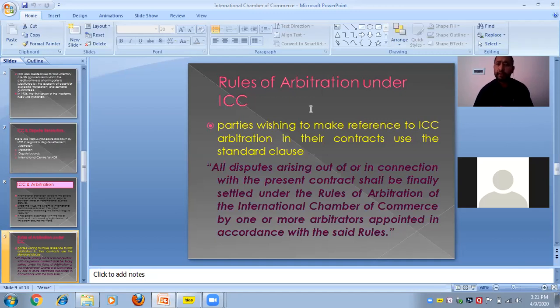Parties wishing to make reference to ICC arbitration in their contract use the standard clause. What is the standard clause? All disputes arising out of or in connection with the present contract shall be finally settled under the rules of arbitration of the International Chamber of Commerce by one or more arbitrators appointed in accordance with the said rules.